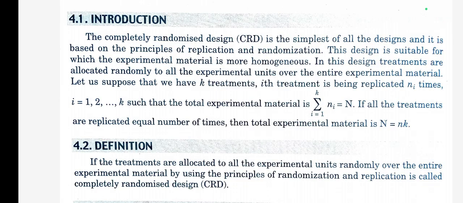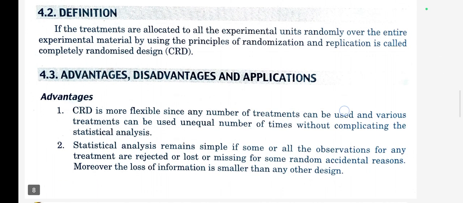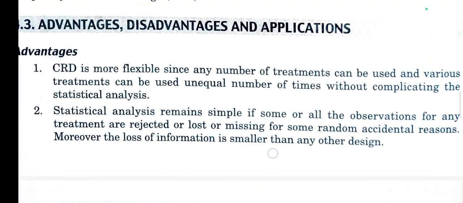And replication means repetition of the experiment. Repetition will decrease the error values and give precision accurately. So for that we are using this. So what are the advantages of this CRD?